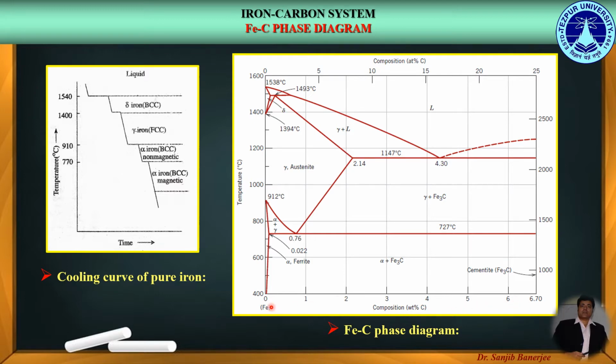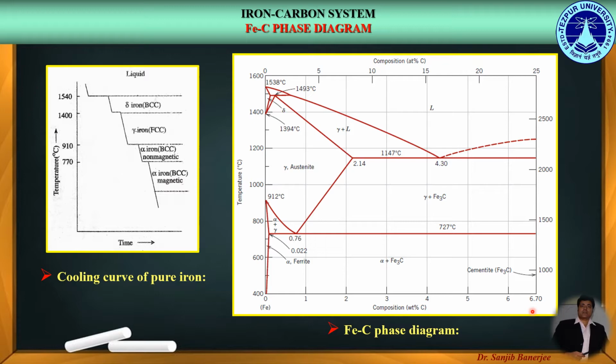Now, the vertical axis on the left-hand side denotes zero weight percent of carbon, that is pure iron, while the vertical axis on the right-hand side denotes a particular phase called cementite, which is actually a chemical compound, Fe3C, having a carbon weight percent of 6.7.